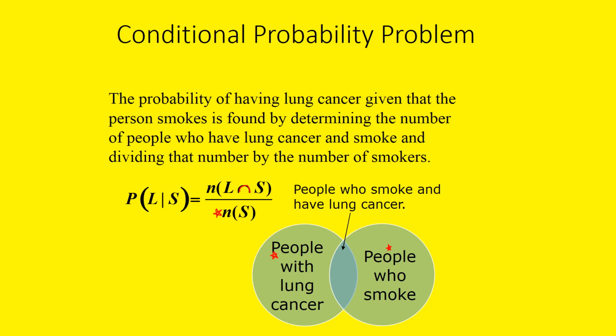So it's kind of like this region over here to the left doesn't really exist. We're just restricting our attention to the people that smoke. It's a world of smokers. Everyone you meet every day is a smoker. Now, given that, what portion of that group is in the lung cancer population?